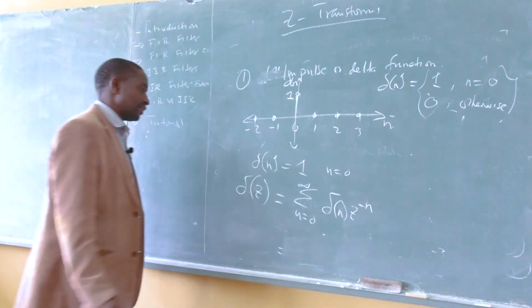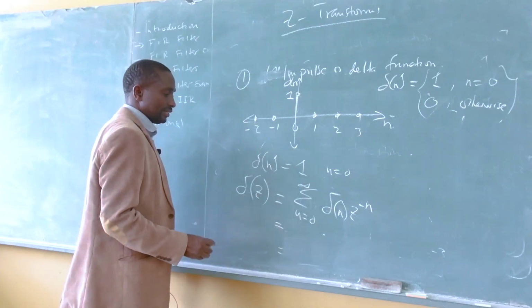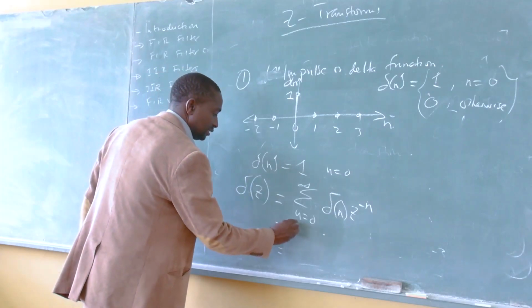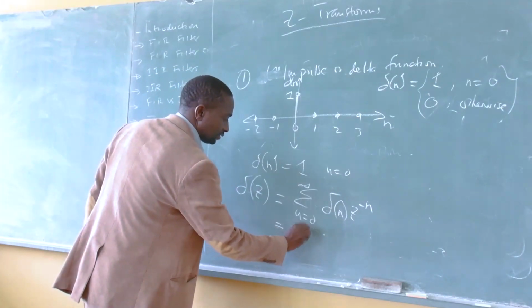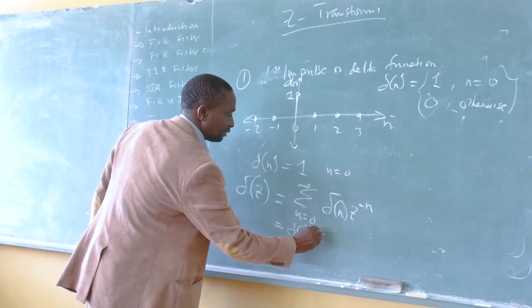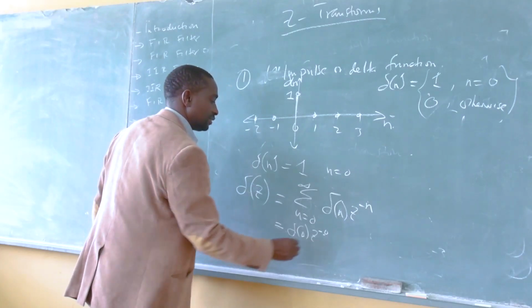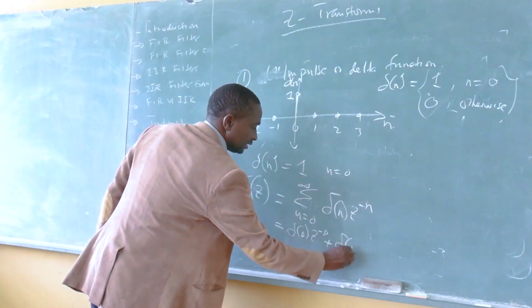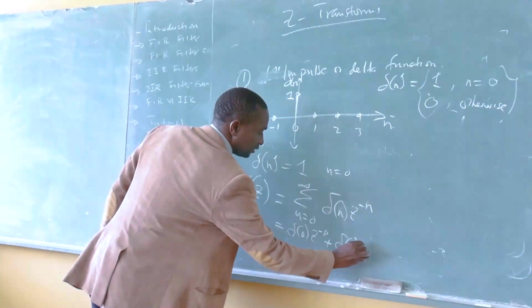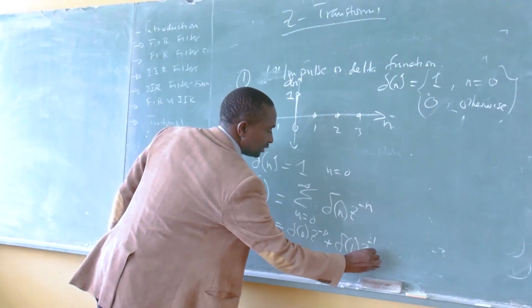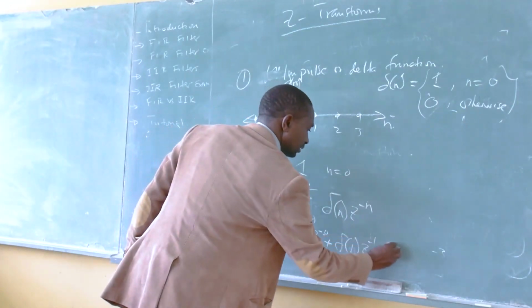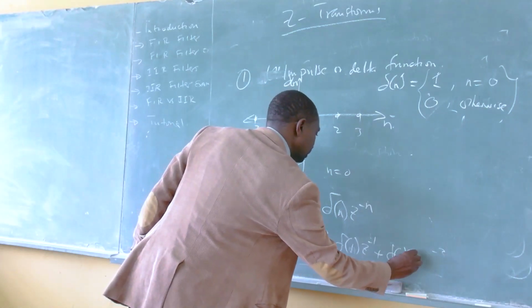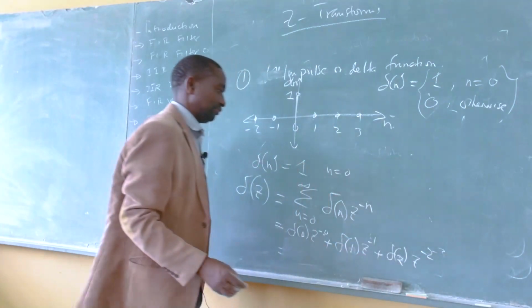So simplifying this, we'll notice that at delta of 0, z to the power minus 0, there is a value, and then at delta of 1, z to the power minus 1, plus delta of 2, z to the power minus 2.